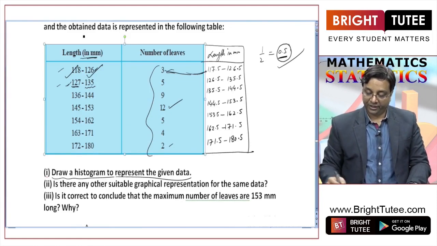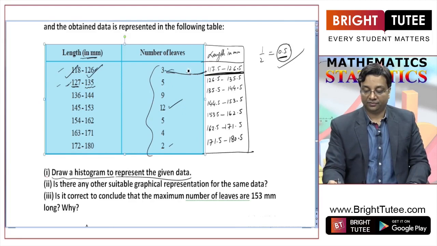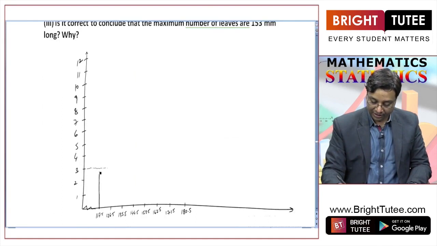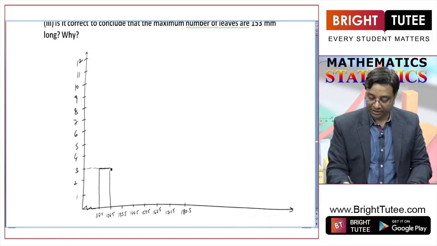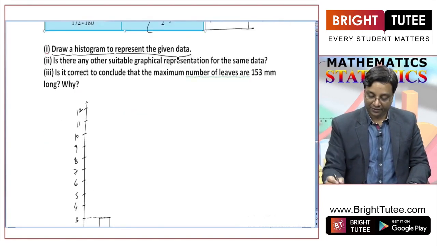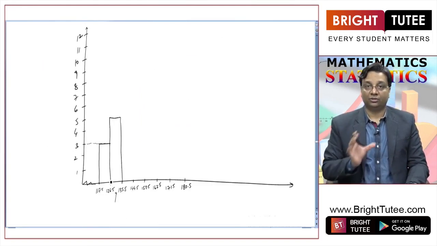Okay, so the height corresponding to this class will be 3. What I mean to say is that the height of this rectangular bar will be 3, and corresponding to the next class the height will be 5. So the next bar will go up to this height of 5, right? So there is no gap between these two bars. This is one solid figure.